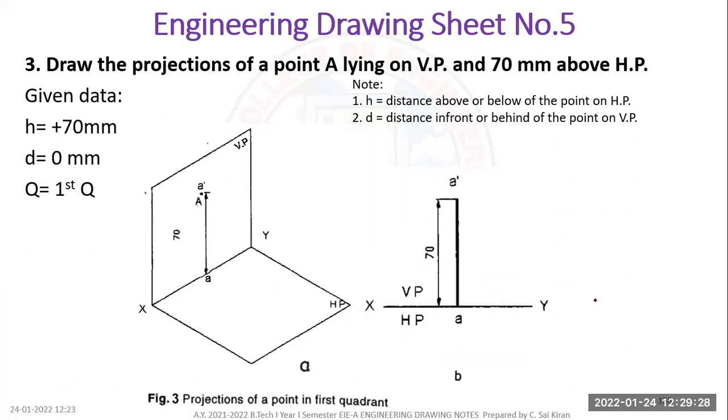Draw the XY line. Then you locate the center O, but O is overlapped with the letter A. So write the letter A and give a height of 70 and mark the point as A dash.